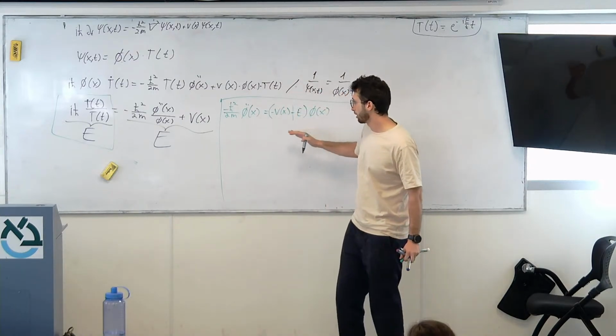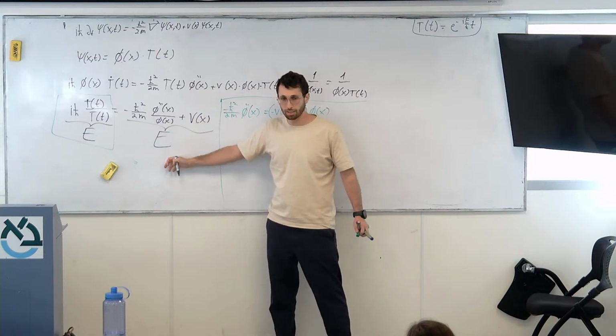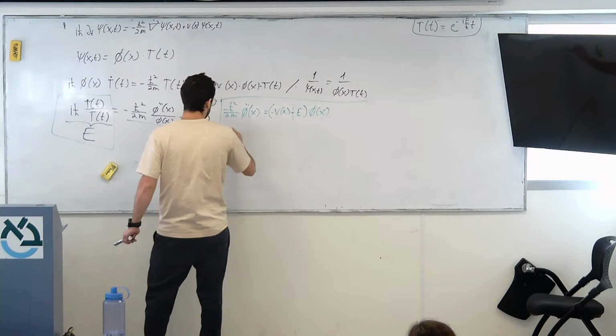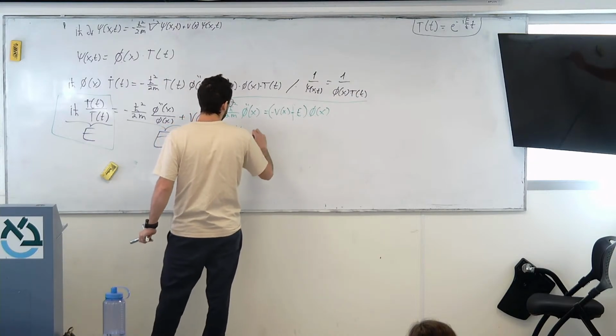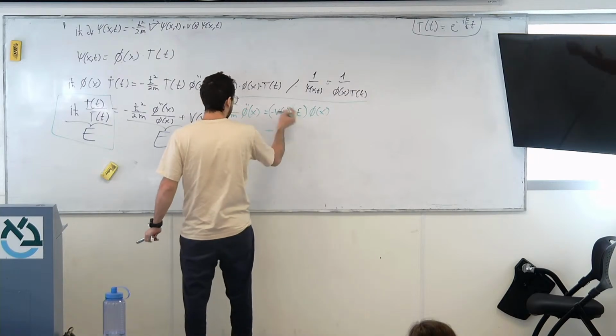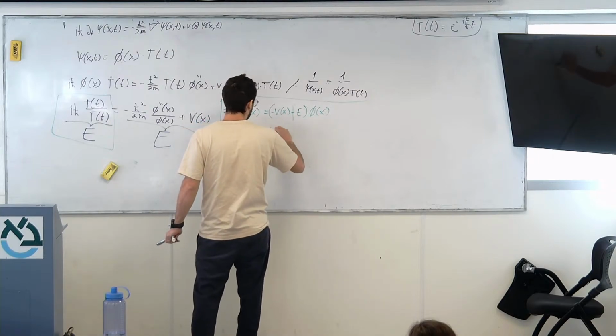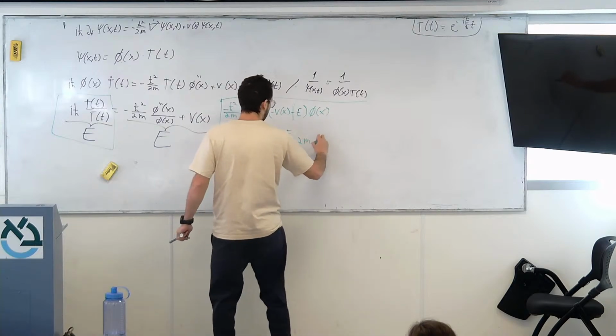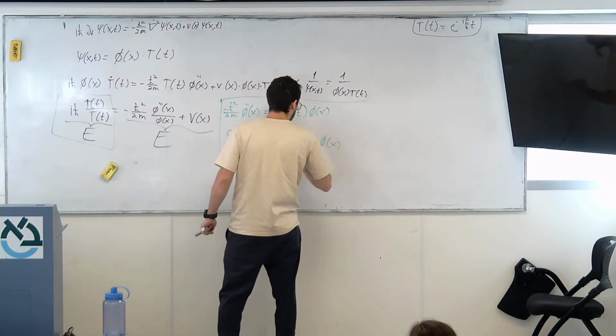So what I did, I just said, okay, this is all equal to E, and I multiplied by phi of x. Or another way to write it is phi double prime of x equals, so the minus is cancelled, V of x plus E over ħ squared over 2m times phi of x.